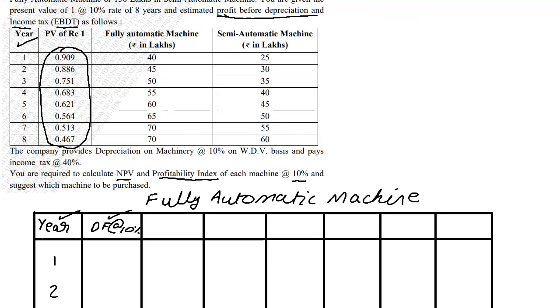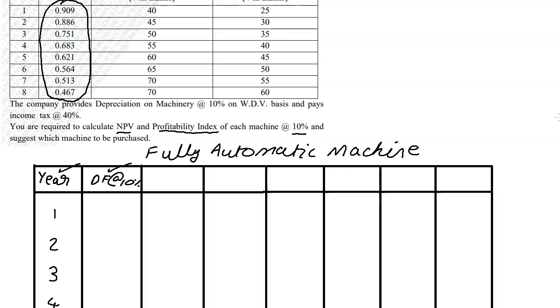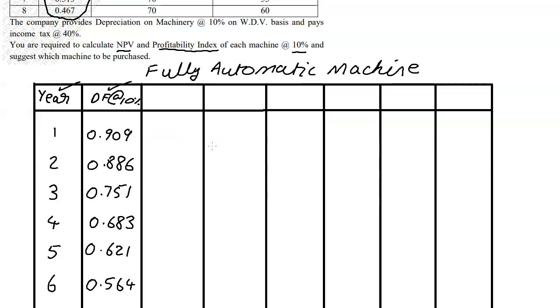And then we have our discount factor: 0.909, 0.886, and in that way I'm going to fill up and we shall continue. You also fill up until then. Okay, now I've gone ahead and filled up all the discount factors.